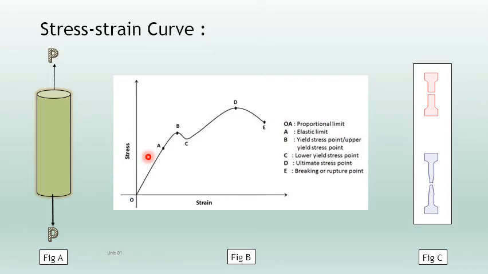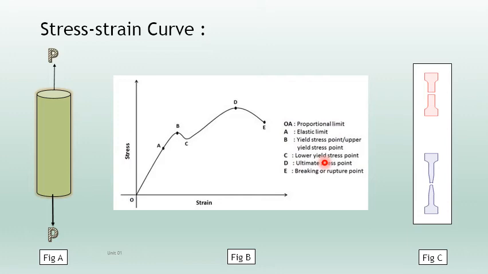The points B and C are called the upper yield point and lower yield point respectively. Point B is the upper yield point, point C is the lower yield point.